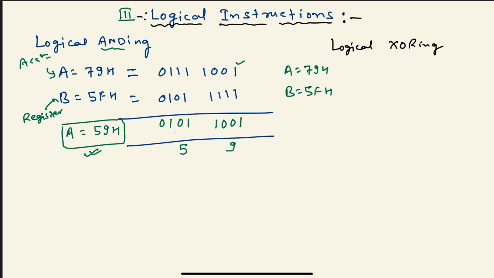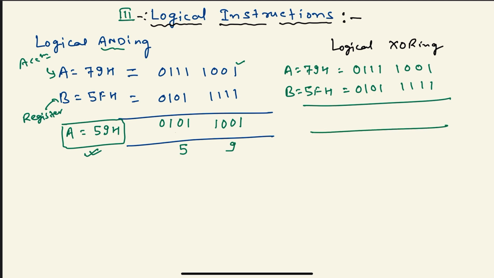Their bit patterns can be written here: for 7 it is 0 1 1 1, and for 9 it will be 1 0 0 1. For 5F, 5 will be 0 1 0 1, and F will be four 1s.